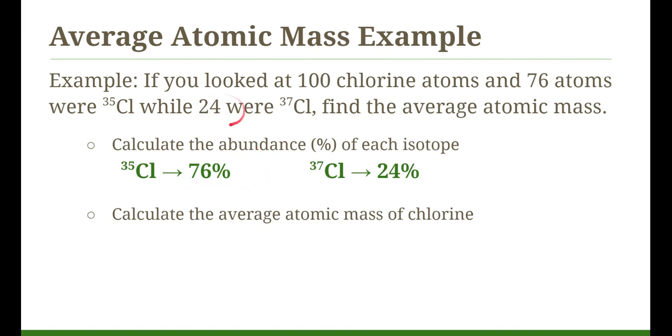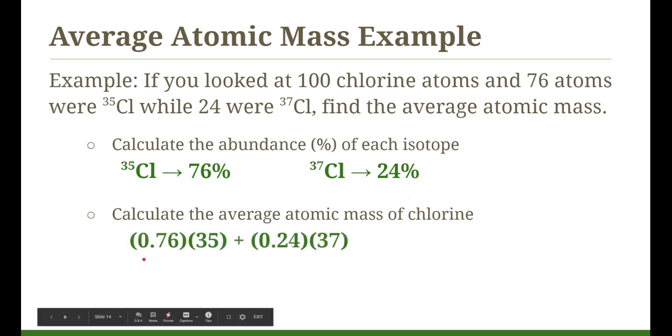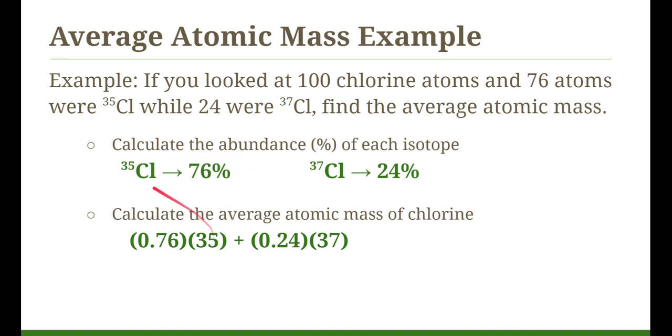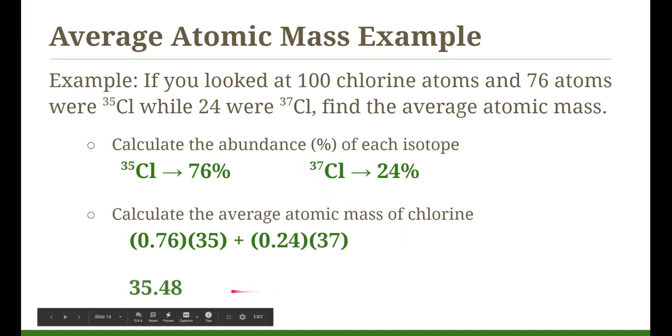And then 24 out of 100 would be 24%. And then to calculate the average atomic mass, we're going to take the decimal form of this abundance times the mass number. And then we're going to add it to the percent abundance of the second isotope times the mass of the second isotope. And when we do this, we get 35.48.